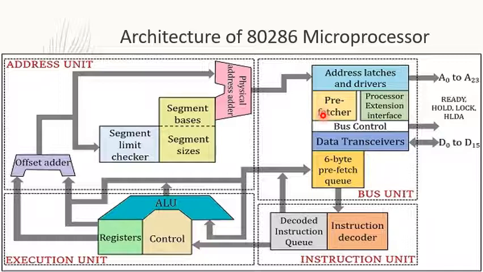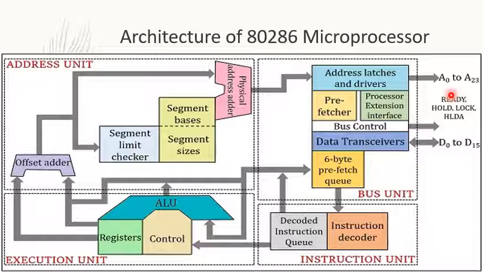This unit consists of latches and drivers for the address bus, which transmit the physical address A19 to A0. The A19 to A0 facilitates all memory and I/O devices for read and write operations. The bus unit is used to fetch instruction bytes from the memory.